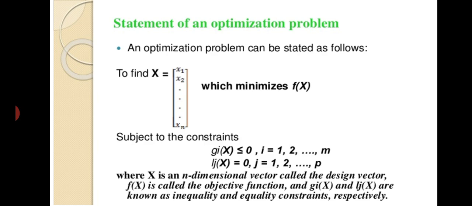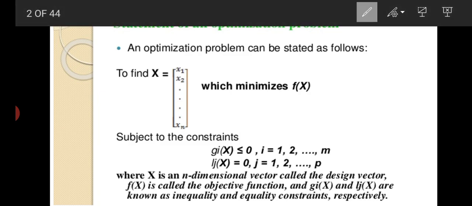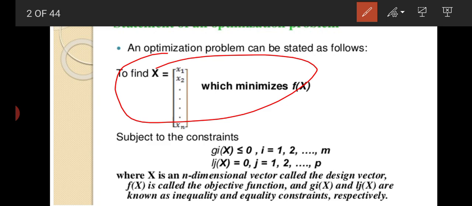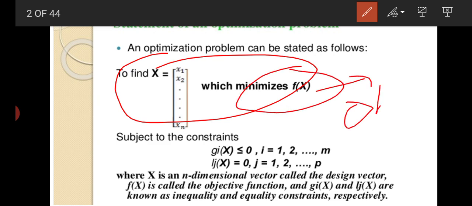The variables defined in this slide are x, and f(x) is our objective function, or you can say cost function. And our target is to minimize this cost function or objective function.